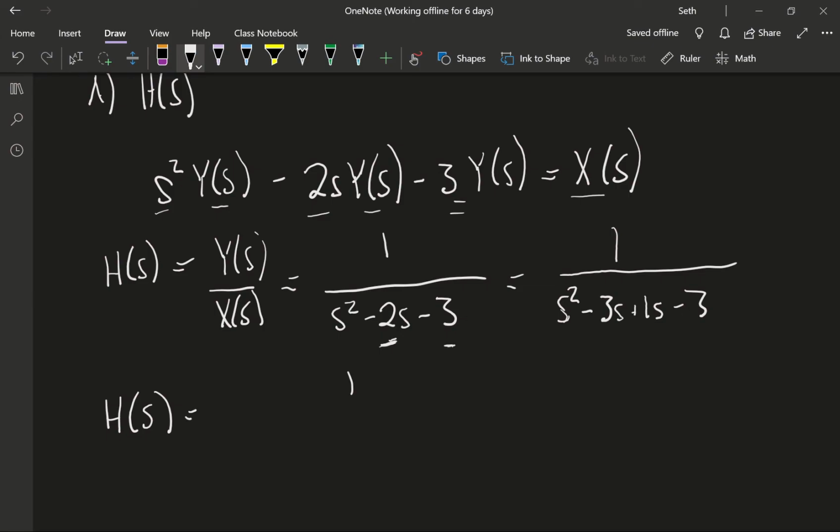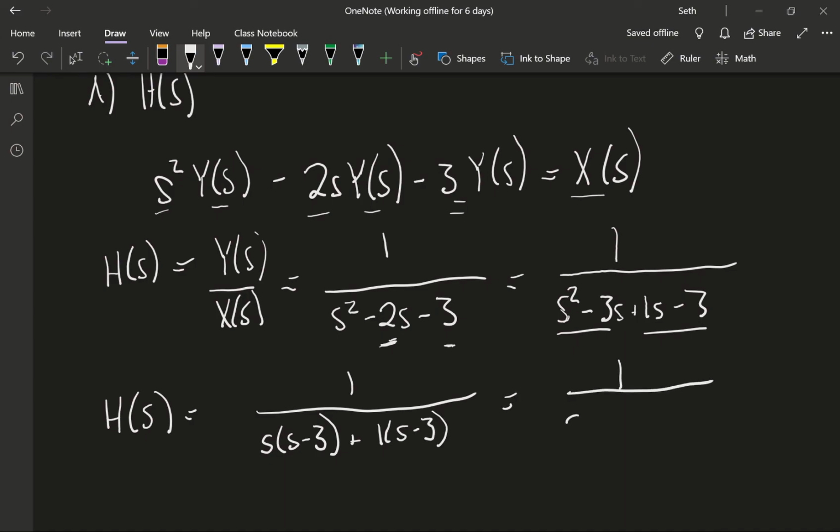Now factor out an s from these two terms, factor out a 1 from these. Now we have a common factor. We can rewrite this. Factor out the s minus 3 gives us s plus 1. So that's the transfer function, and that's A.